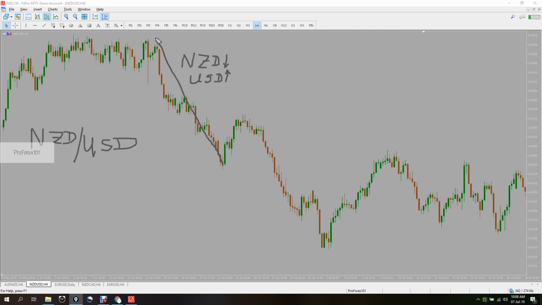So to get from here to here, you need the New Zealand dollar to weaken and the US dollar to strengthen.